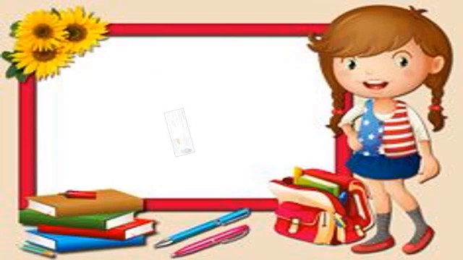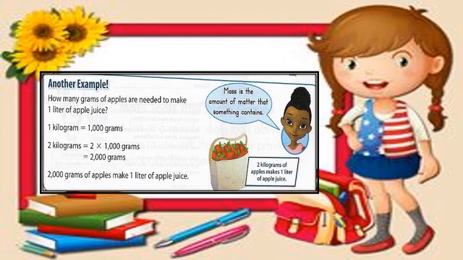Let's have another example. How many grams of apples are needed to make 1 liter of apple juice? Remember that mass is the amount of matter that something contains. So, 1 kilogram is equal to 1,000 grams.